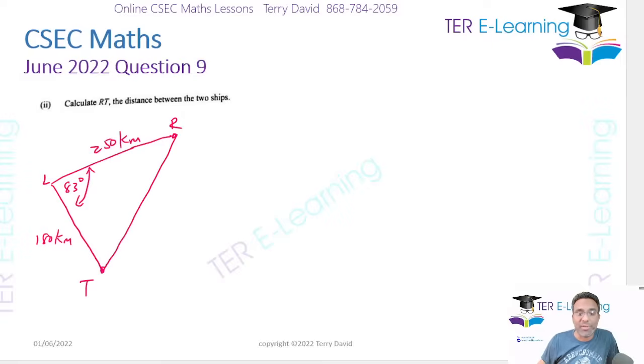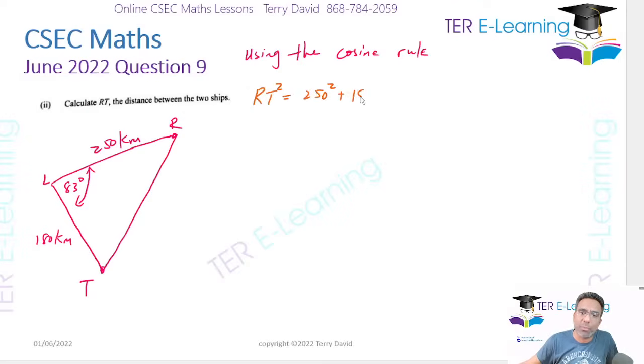So by now, if you look at the diagram, you'll realize we have to use the cosine rule in order to work this out. Right? So using the cosine rule, we're going to say that RT squared is equal to 250 squared plus 180 squared.